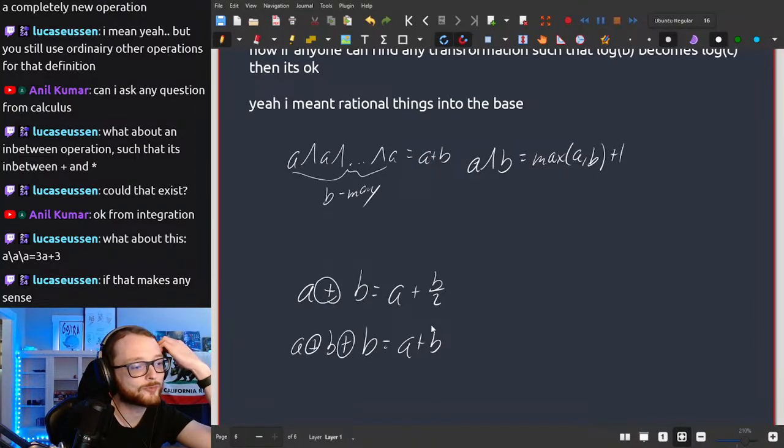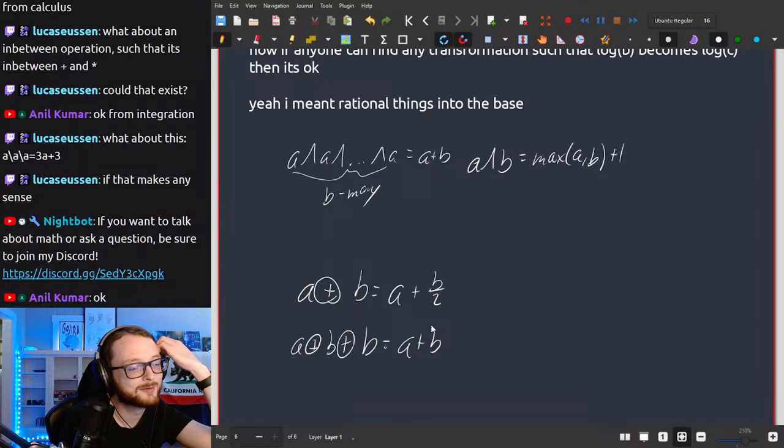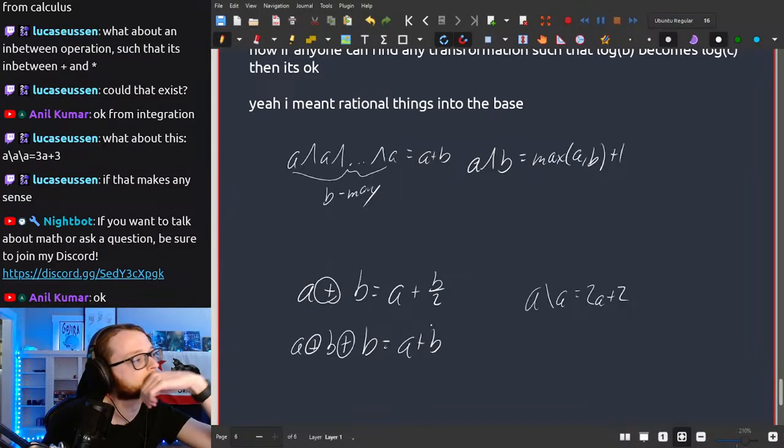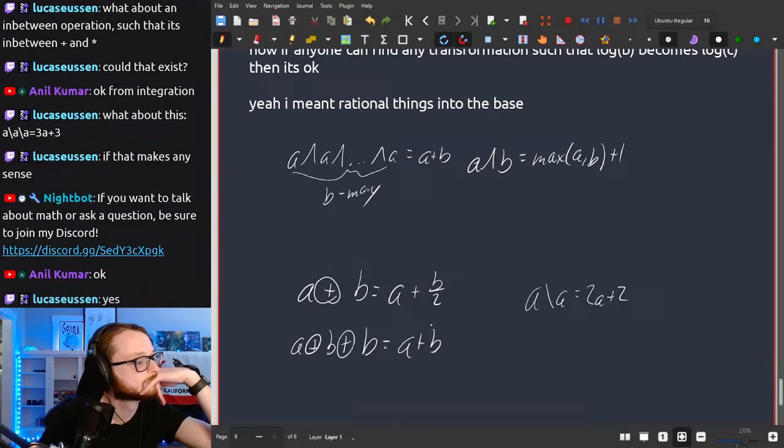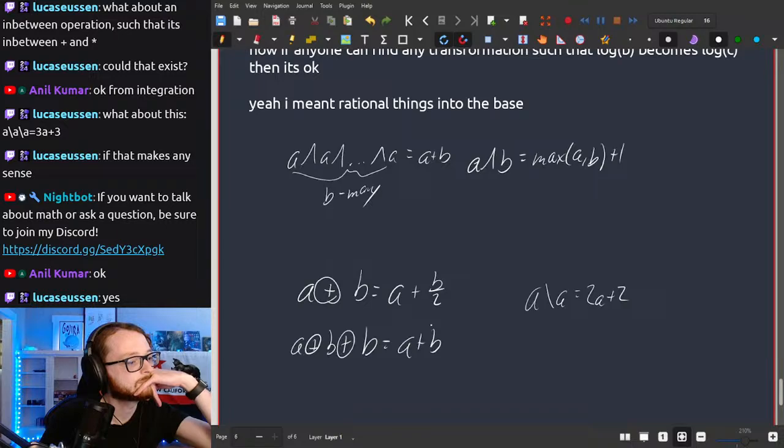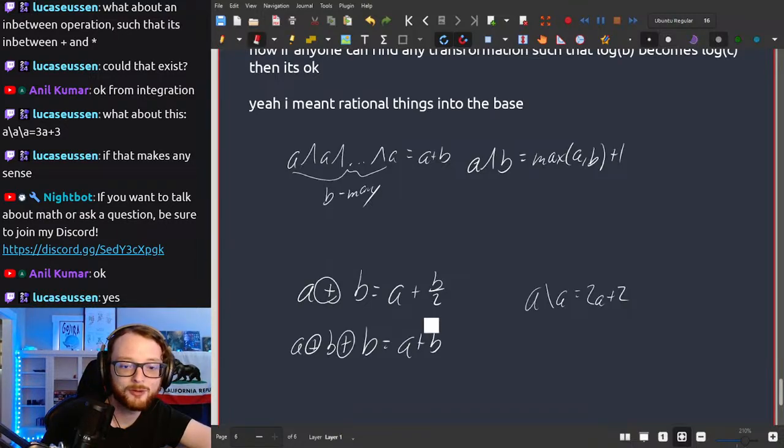A/A/A equals 3a plus 3. So would A/A be 2a plus 2? I guess so.